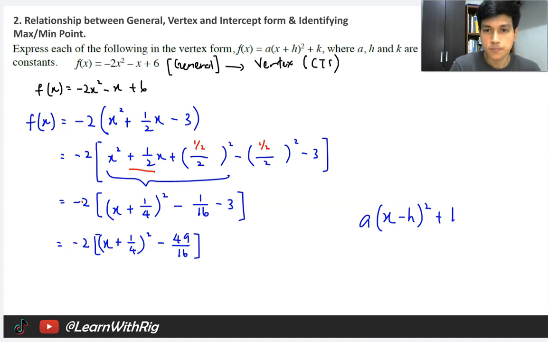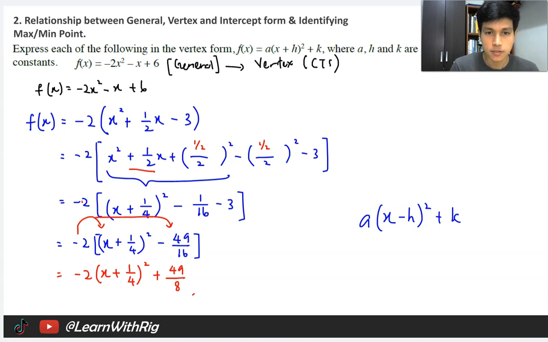So what you're going to do, you're going to expand. So you're going to multiply this into the bracket and this. So your final answer should look like this: negative 2 (x plus 1 over 4) squared plus 49 over 8.